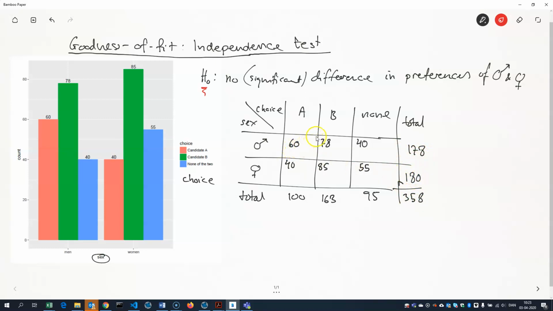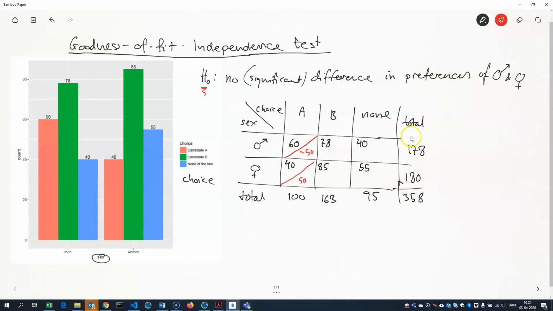So we expect roughly half of the voters for candidate A to be men. So roughly 50 male voters should vote for candidate A, and roughly 50 women voters for candidate A.